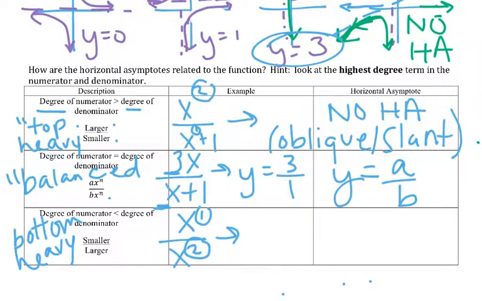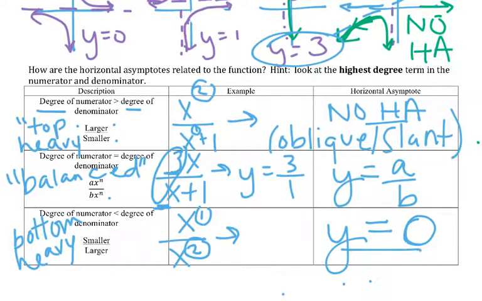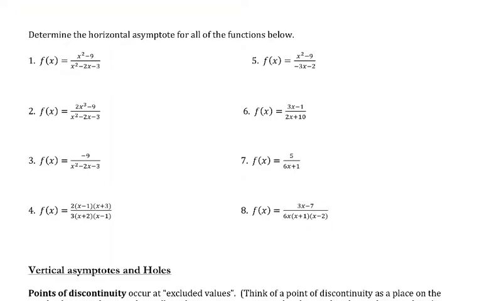If that is your case, your horizontal asymptote will always be y equals 0. So top heavy, there's no horizontal asymptote. Balanced, you look at the coefficients in the numerator and the denominator. So y equals a over b, whatever a and b are. On bottom heavy, you have y equals 0 as your horizontal asymptote.